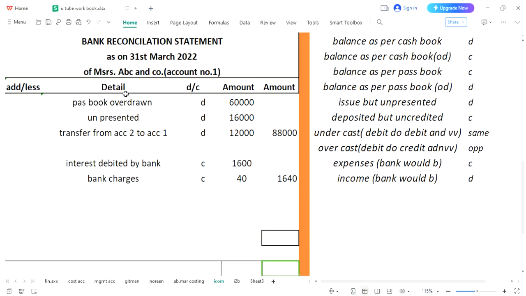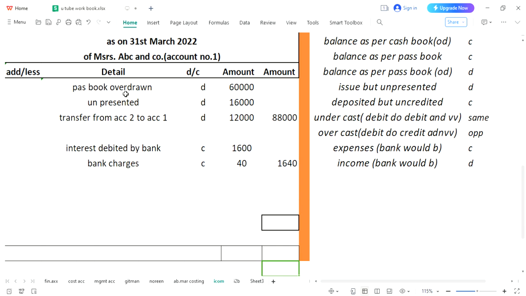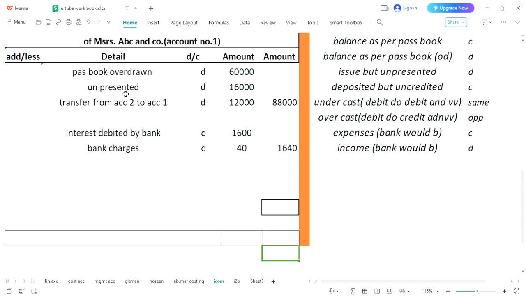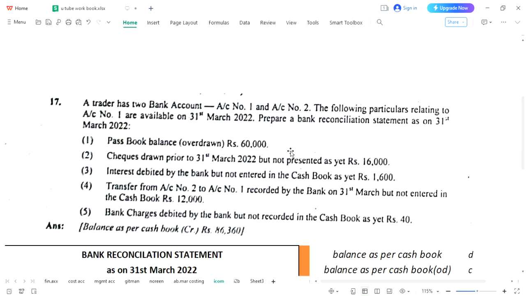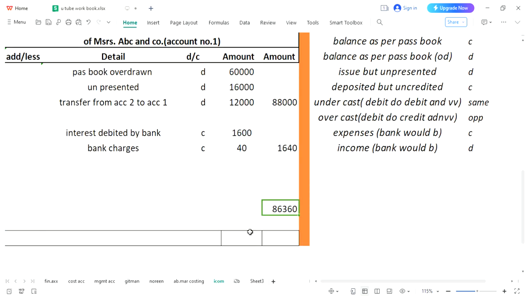It's time to calculate the balance, and here we will calculate it by subtracting the smaller amount from the larger amount. The larger amount is 88,000, subtract the smaller amount which is 1640, so we have got the balance 86,360, and here we have 86,360. So the balance has been arrived.